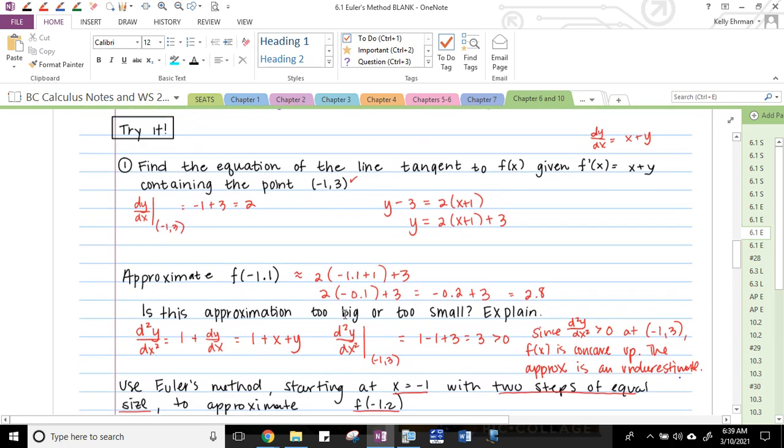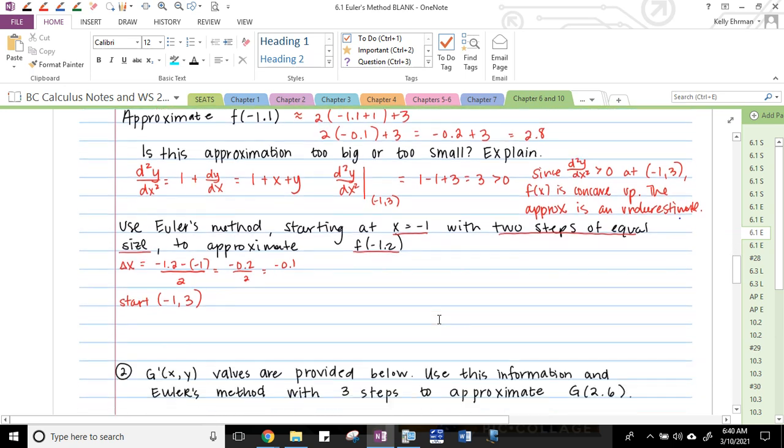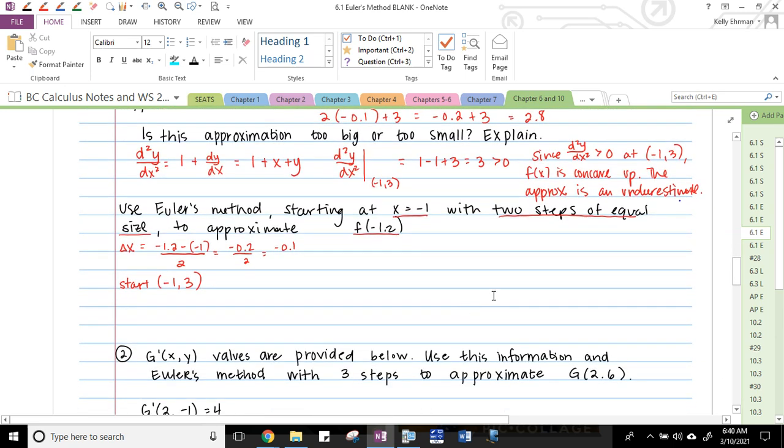At the top of the page, I wrote this: new y equals old y plus slope at old y times step size. What's this new y? We're starting at negative 1 and taking 1 step, so negative 1 minus a step of 0.1 will be negative 1.1. You're halfway there if you take 1 step.